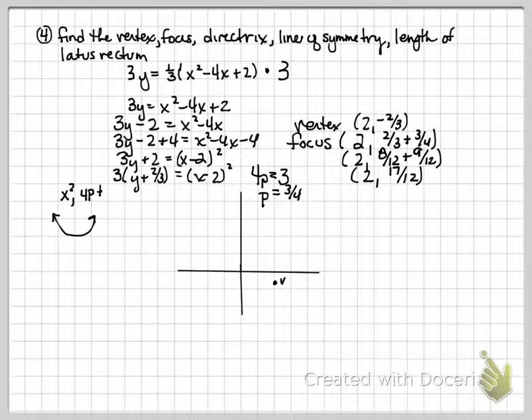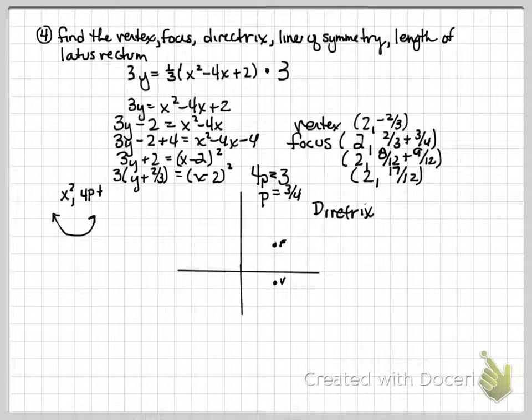Okay, so my focus is 2 and about 1 and 5/12. So 17/12 is about 1 and 5/12, so about 1 1/2. So that's way up here. So that's where my focus is. Well, my directrix is in the opposite direction. And so instead of adding 3/4 this time, I'm going to subtract.